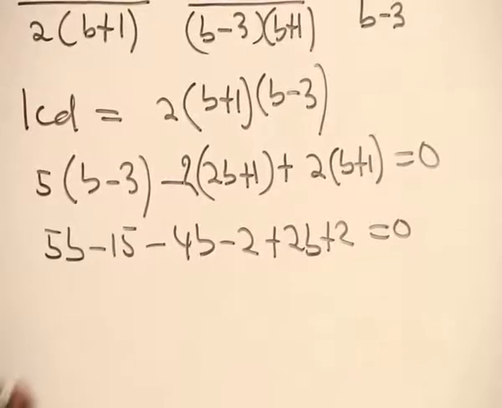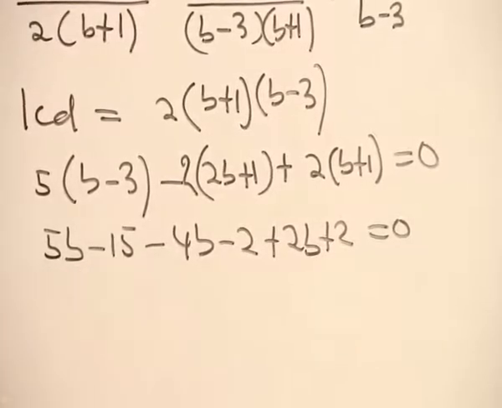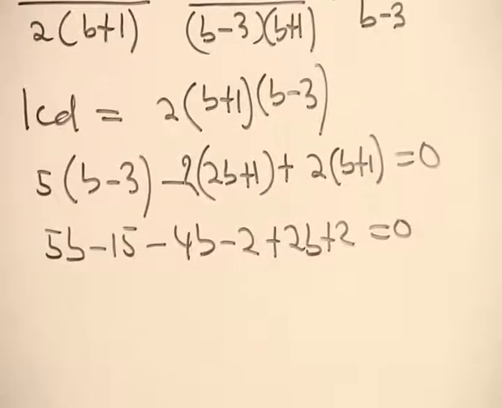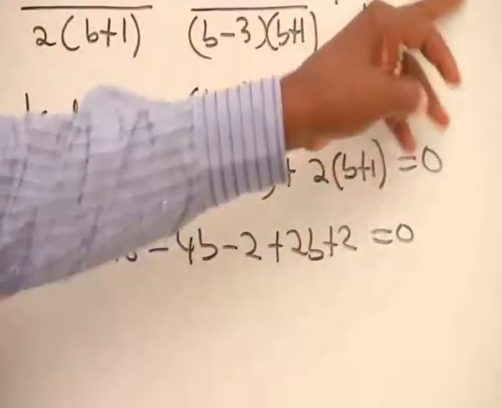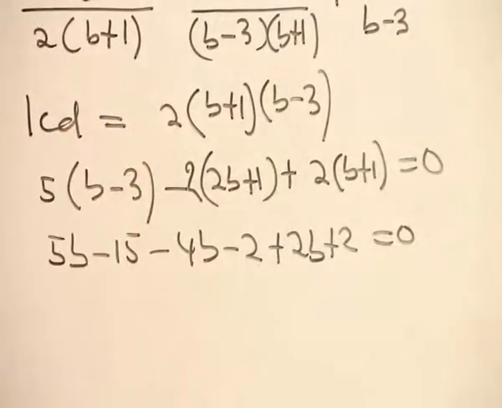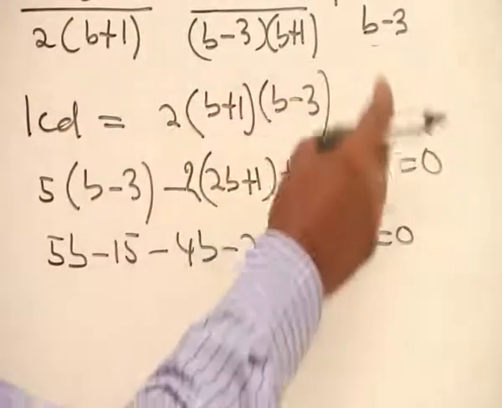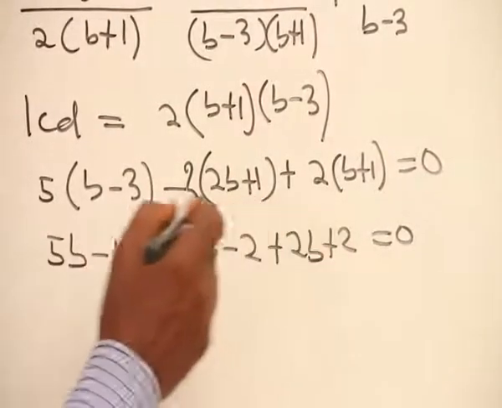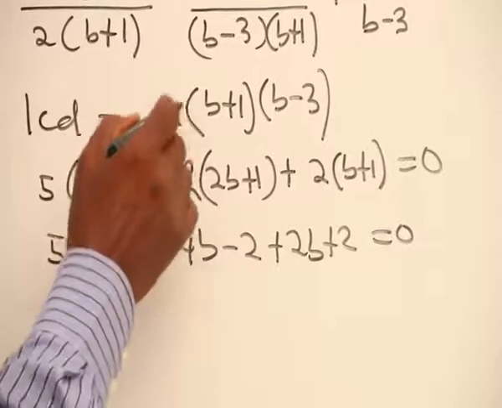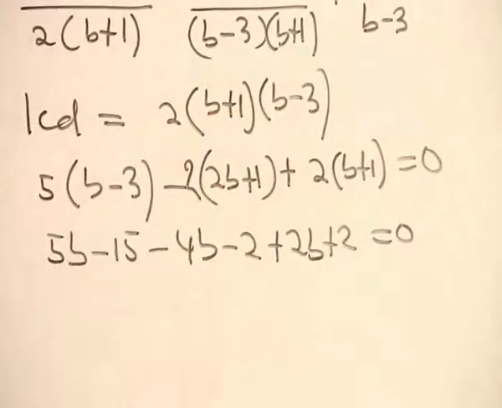What now happens? Remember that in the true sense this was still over the LCD, but all we have done now is to multiply all the terms including the 0 by the LCD. Hence the LCD has vanished where we use it to multiply 0. So we have multiplied all through to clear the fraction of the 2 into b plus 1 and b minus 3.